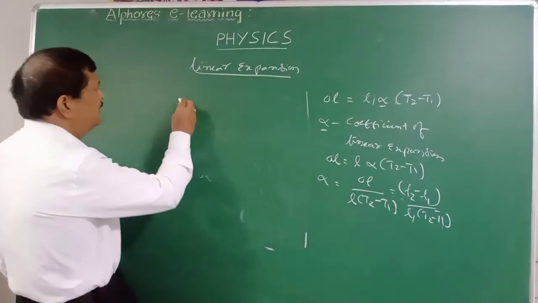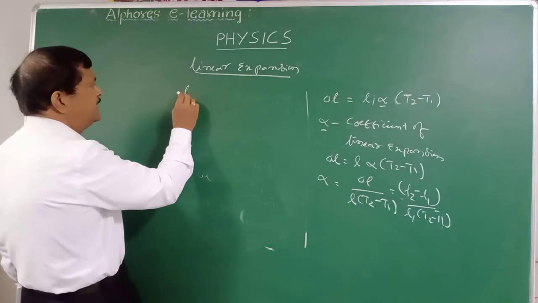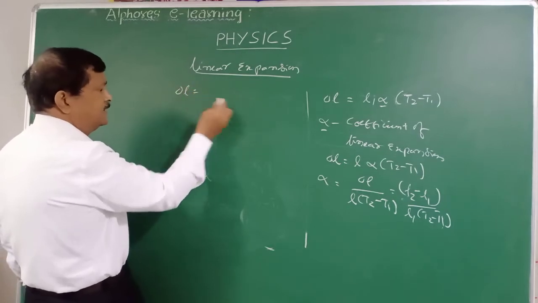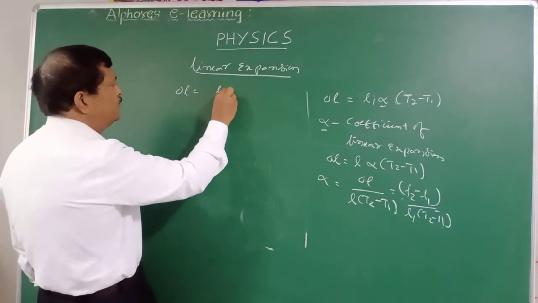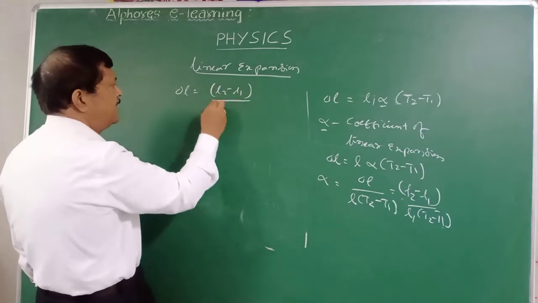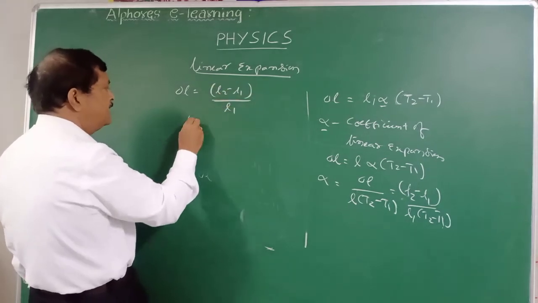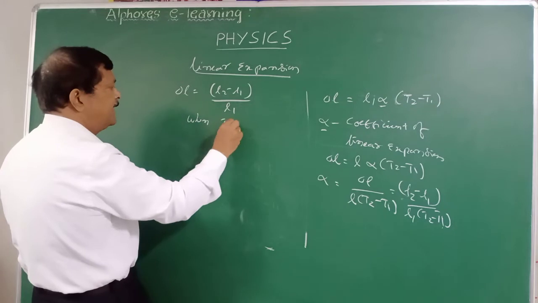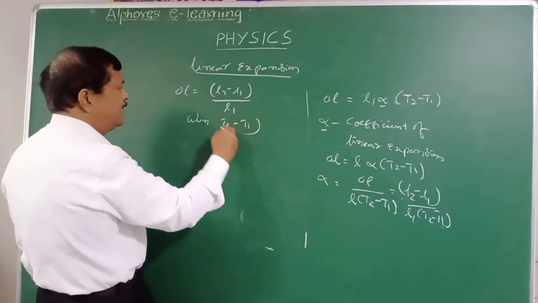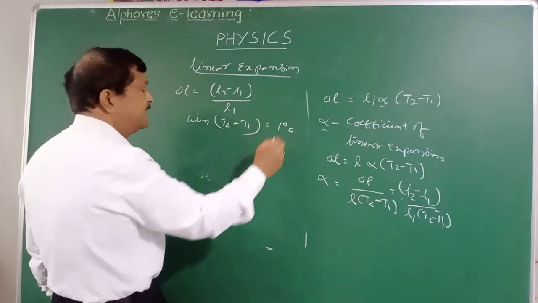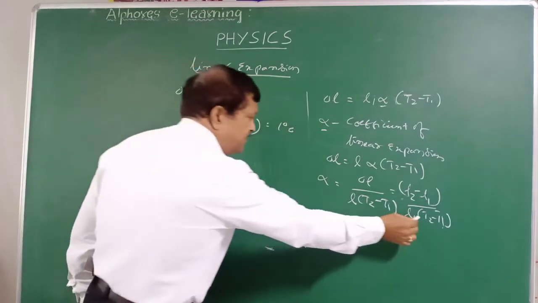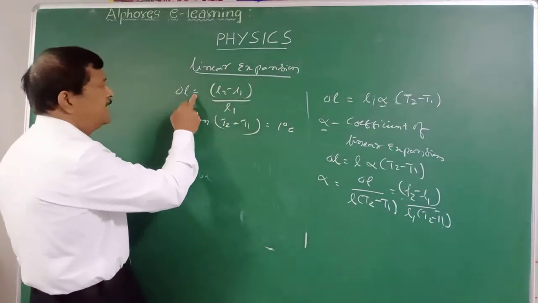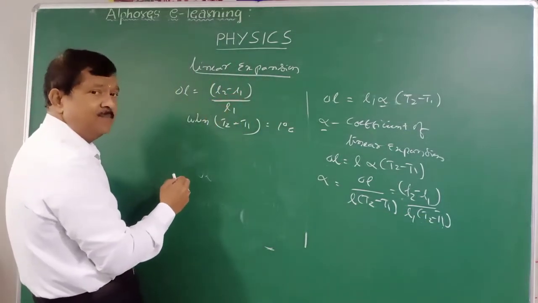From this equation, delta L is L2 minus L1 divided by L1, when the change in temperature T2 minus T1 is equal to 1 degree centigrade. When T2 minus T1 is exactly 1, delta L becomes L2 minus L1 by L1.